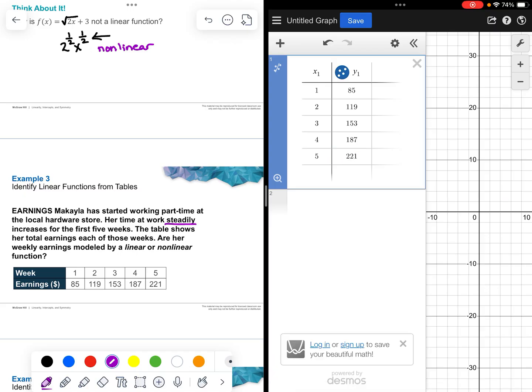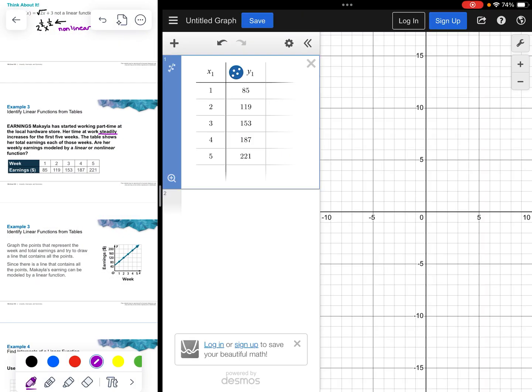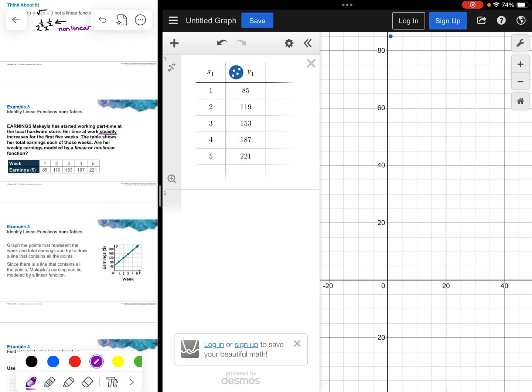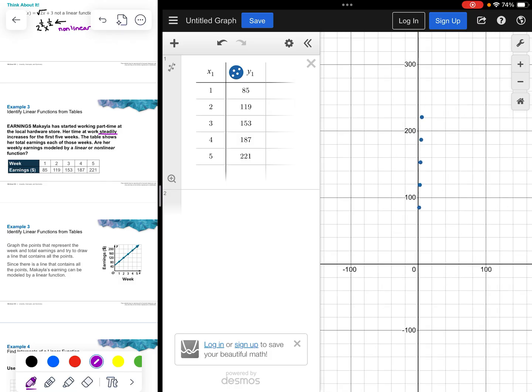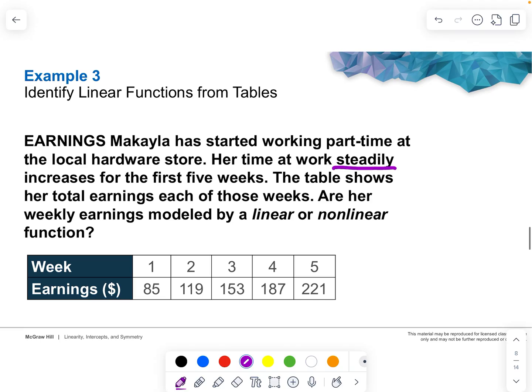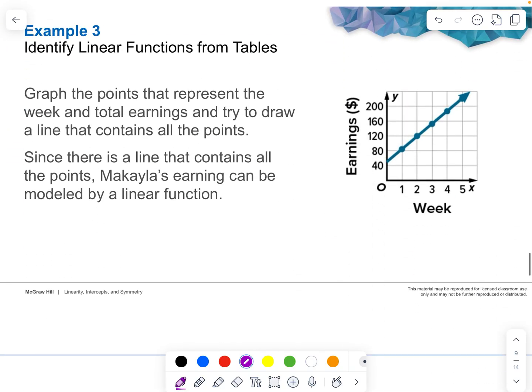And when we look at this graph, you can see that it is a straight line, or linear. And you can maybe see it better on the one that they give us. So it is a linear function.